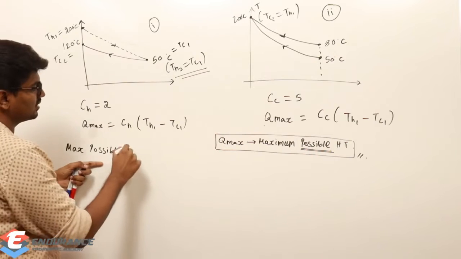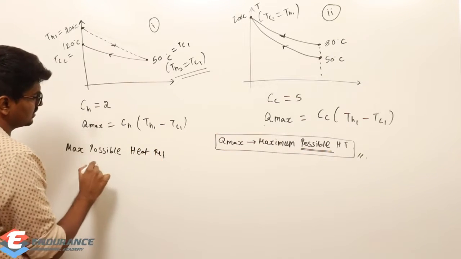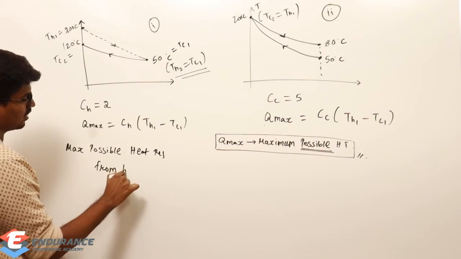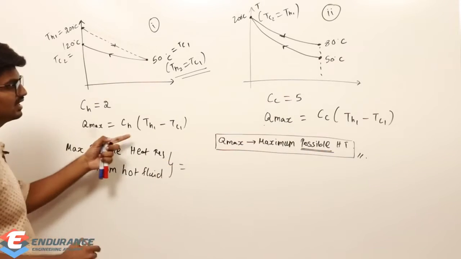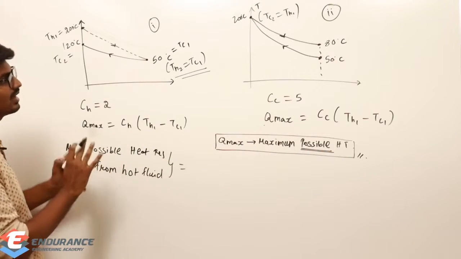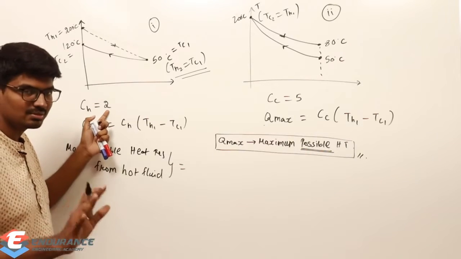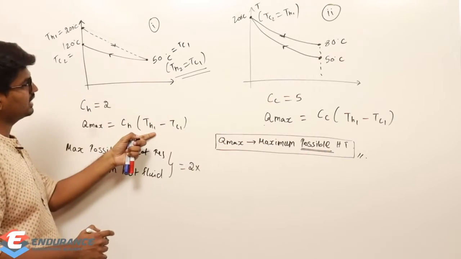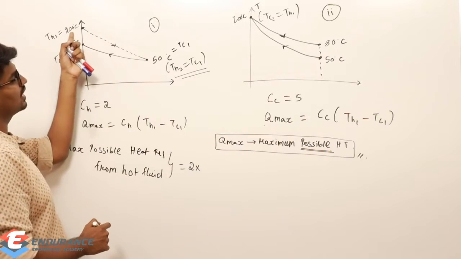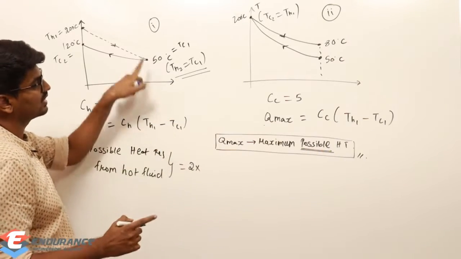So the maximum possible heat rejected from the hot fluid is going to be equal to what? CH into TH1 minus TC1. In our example, I'm going to consider CH as 2, just for example, to make you understand. 2 into TH1, which is 200, minus TC1, which is 50.